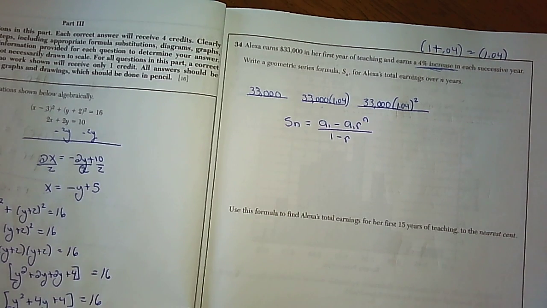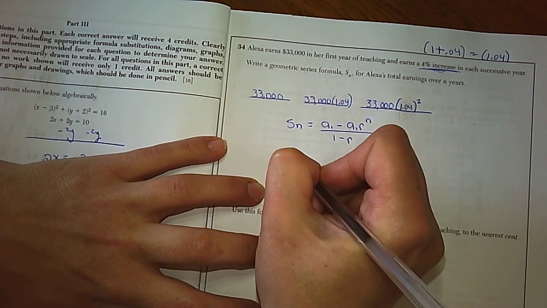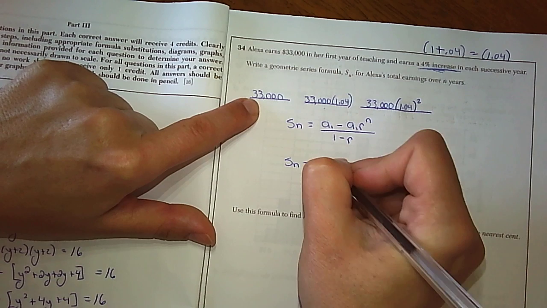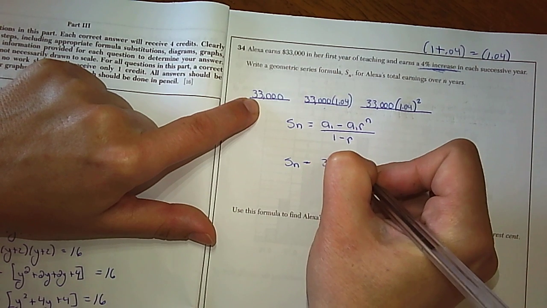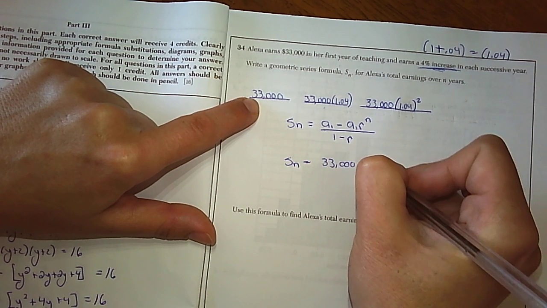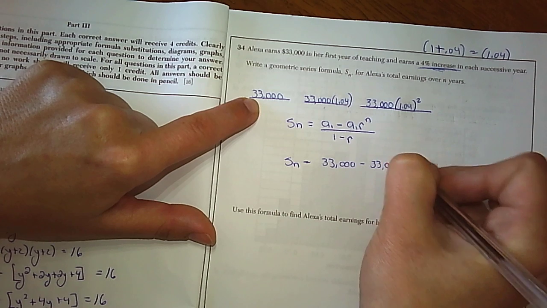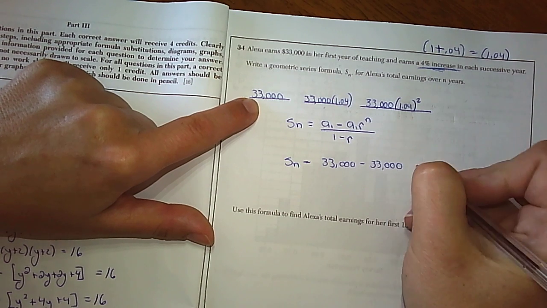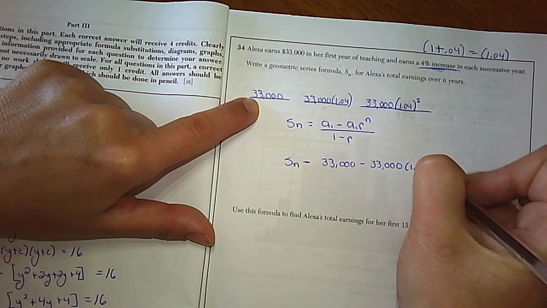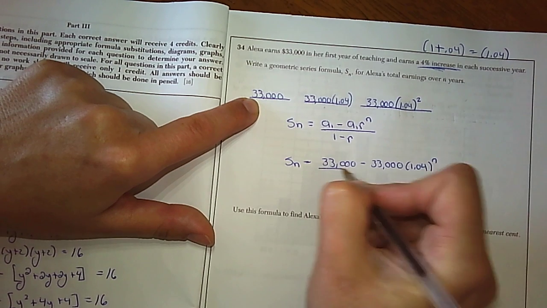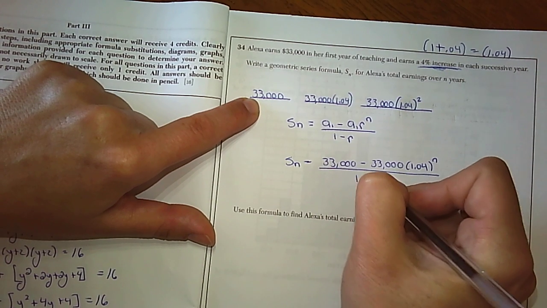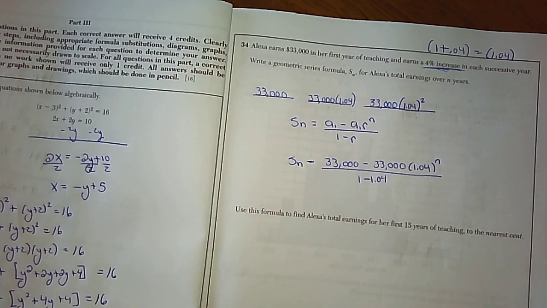All right, so I just got to start plugging into that. Sn equals, a1 is the first one, 33,000, minus a1 again, 33,000. r is whatever we're multiplying by, so it's 1.04 to the n all over 1 minus 1.04. And that's it for that portion. That's all you had to do there.